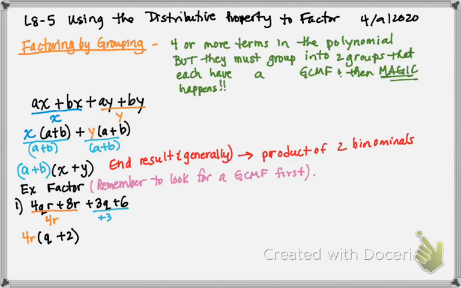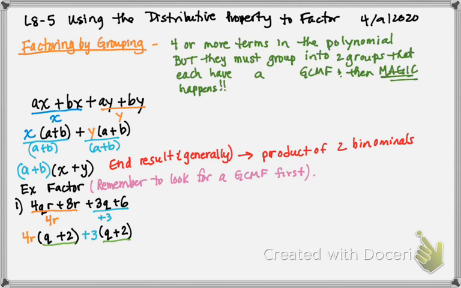Let's try this again. So then we pull out the positive 2. And 3q divided by 2... I mean 8r divided by 4 is 2r... and the magic happens. Woo! So I'm not going to divide by that, but I'm going to recognize the common factor of q plus 2.